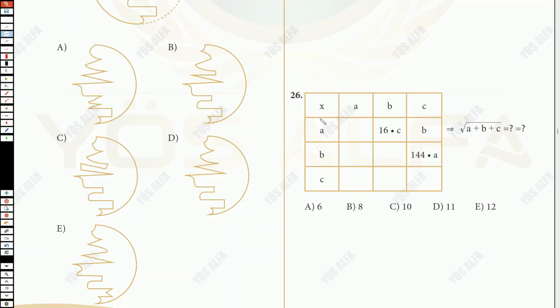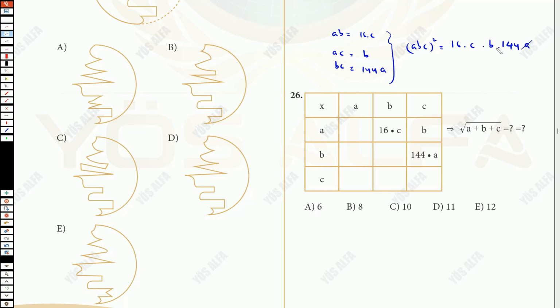So it's A. Number 26, the multiplication table is given here. So I'm going to write down the equations. AB is equal to 16C, and AC is B, and BC is 144A. So when we multiply these 3 equations, we have 2 A's, 2 B's, and 2 C's. So (ABC) squared is equal to 16 times C times B times 144A.